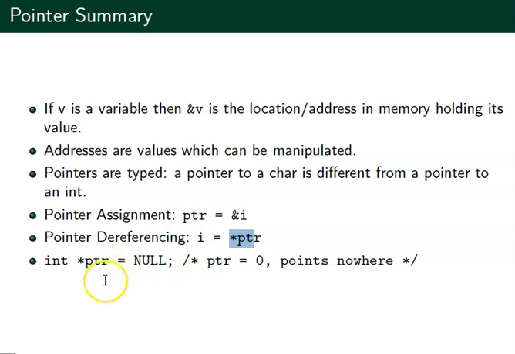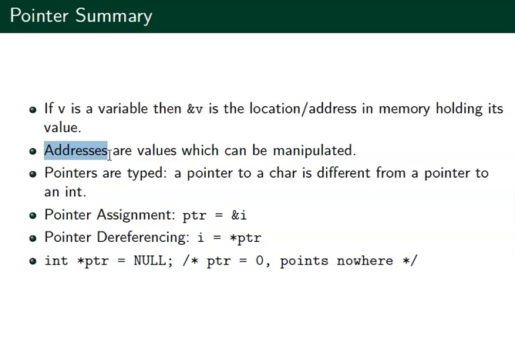In a lot of cases we initialize a pointer with a null or a zero, which means that it points nowhere, basically. Don't forget that addresses, which are the values that a pointer can hold, are at the end of the day values, so they can be manipulated, the +1, -1, +2.